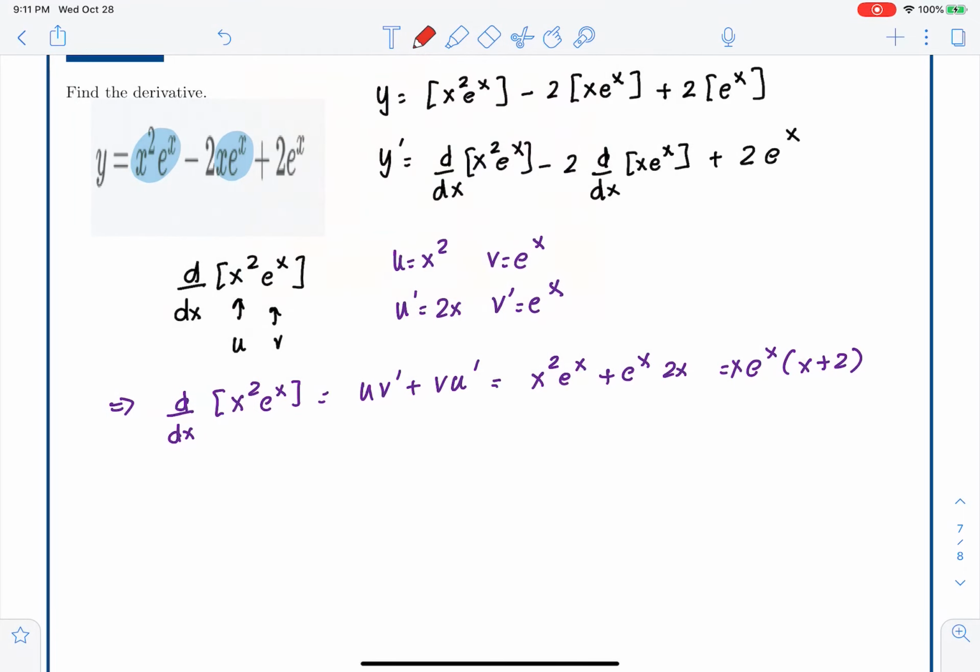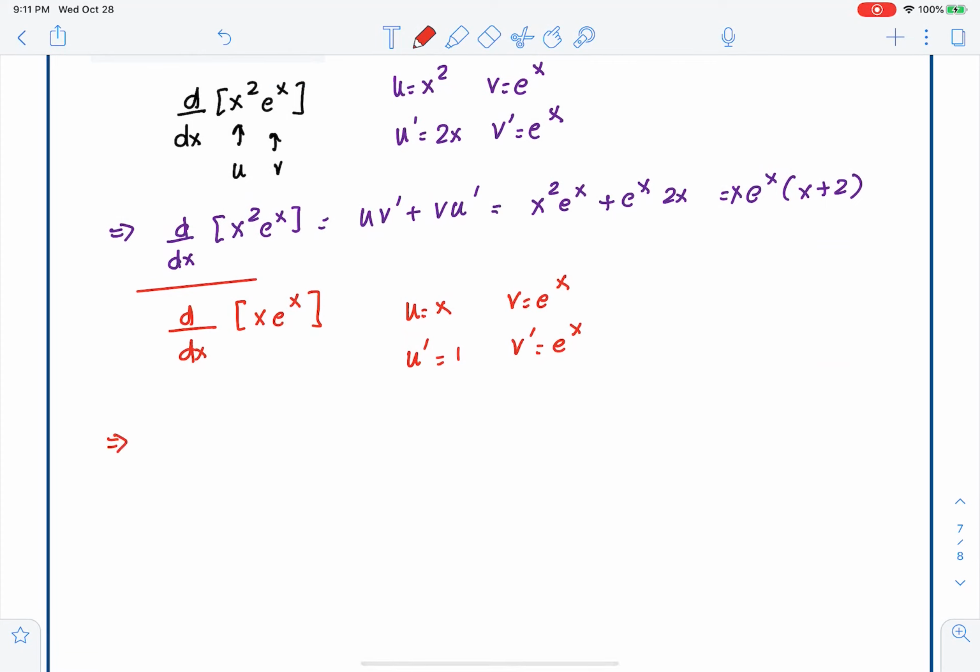Moving on to the derivative of the second term, derivative of x e raised x. So here, u is x, v is e raised x, u prime is 1, v prime is e raised x.